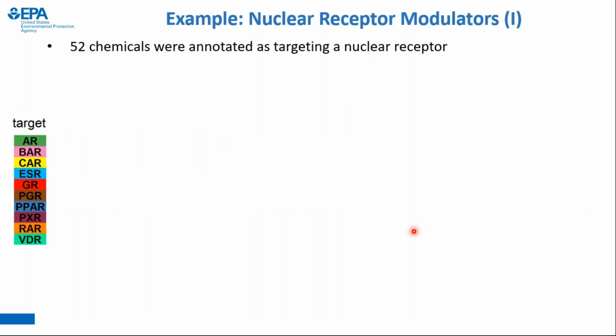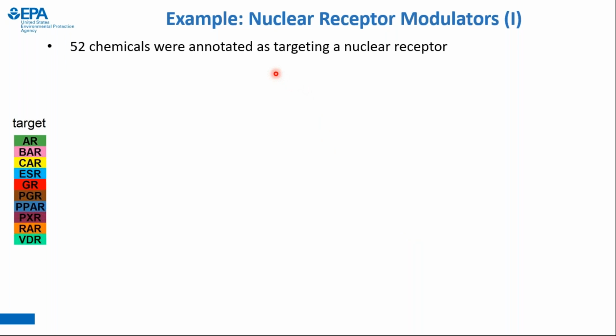So I want to show you here, as an example, the results of a subset of chemicals, and these are all nuclear receptor modulators. I've mentioned before that around 180 chemicals were annotated with a target, and of those, 52 chemicals were annotated as targeting a nuclear receptor.